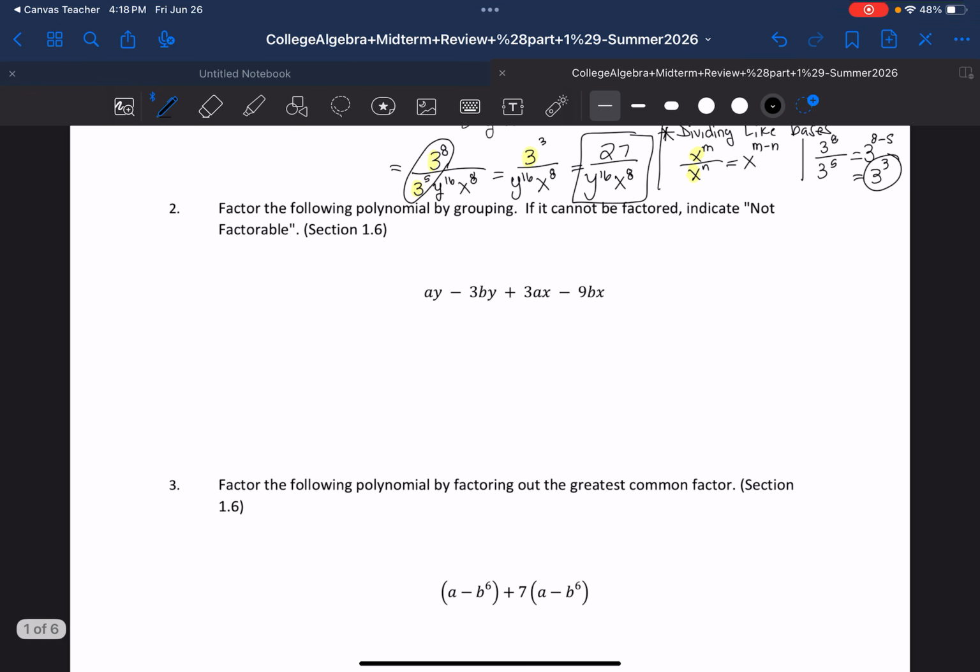Number 2 is from section 1.6. So this section was all about factoring. Now, I didn't even really need to include this section, but I did so that you would have a review of factoring.